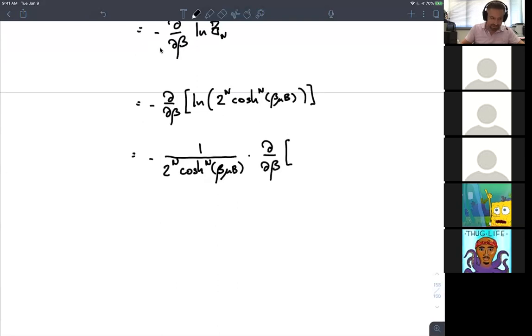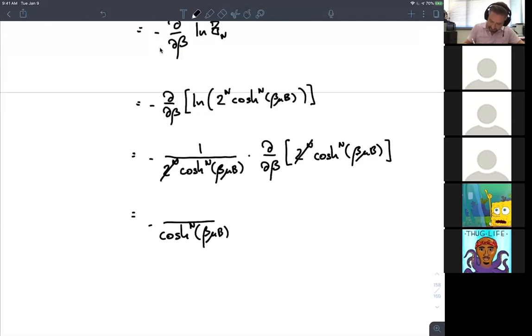Then we have to take the derivative of 2 to the n cosh to the n beta mu B. 2 is a constant, so you just pull the 2 through, and this 2 is going to cancel with that 2 down there in the denominator. The derivative of cosh is, in fact, sinh. So we get minus cosh to the n beta mu B in the denominator.